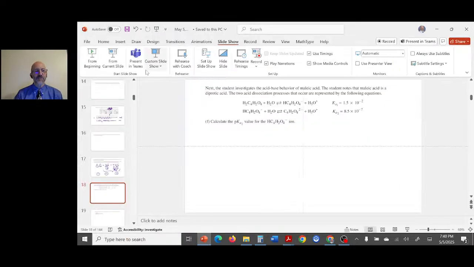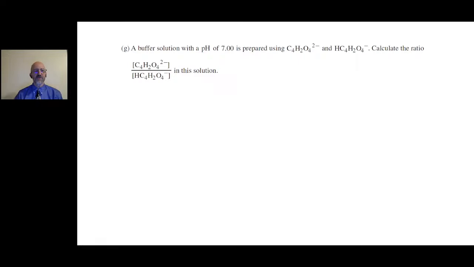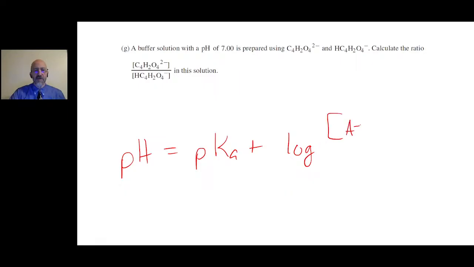And then last part is related to buffer solution. A buffer solution with a pH of 7 is prepared using these two chemicals, and they want the ratio. So if I were to write pH equals pKa plus the log of A minus over HA. Again, this is the Henderson-Hasselbalch equation from the equation sheet.